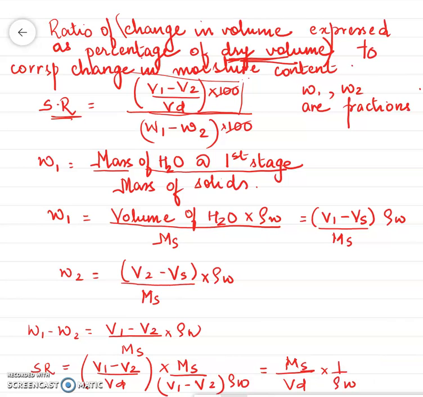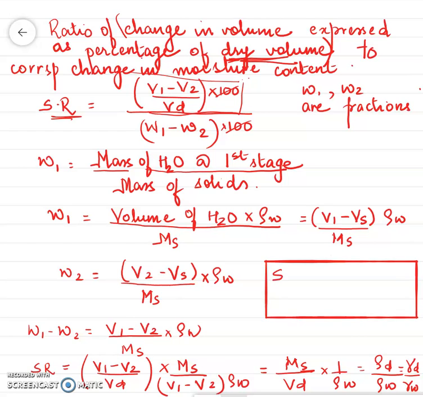Mass of solid upon dry volume. Can I write it as rho D, divided by rho W? Anything that is written in terms of densities can also be written in terms of unit weight, correct? Therefore, shrinkage ratio can also be written as gamma D upon gamma W.